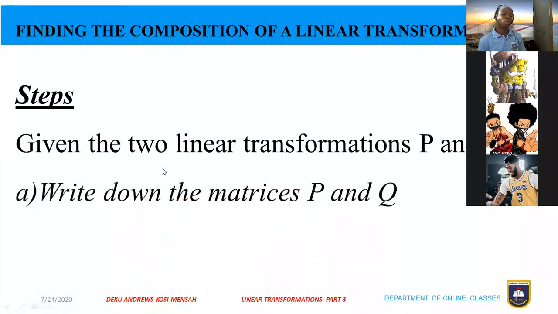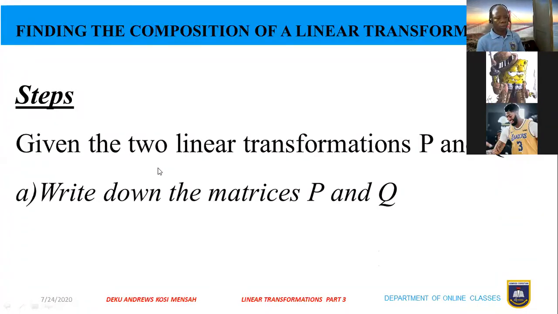The first thing you need to do is to write down the matrices for P and Q. So you are going to have the matrix P and the matrix Q. The next thing is to find the product of the matrix P and Q, and that gives you PQ. These are the steps you need to go through when you want to find the composition of a linear transformation.